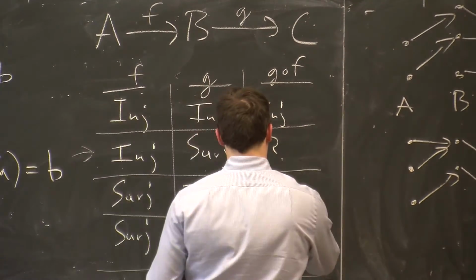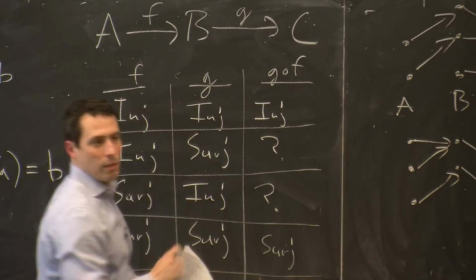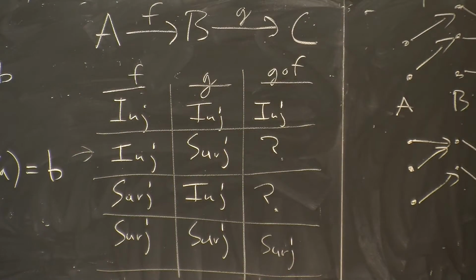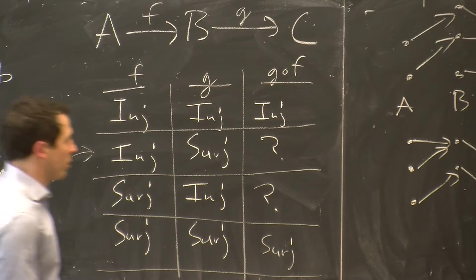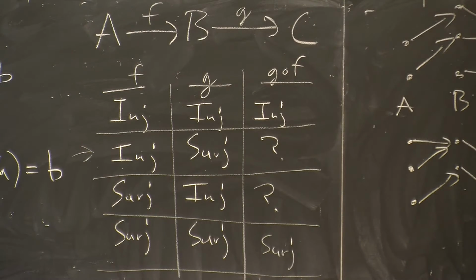Okay, so again, this is going to be neither. Can't tell from that information what it is. Okay, that's just to review those two concepts and what happens under composition of arbitrary set functions.